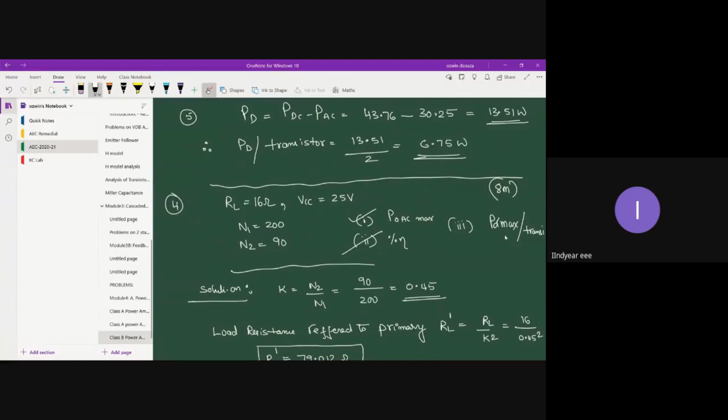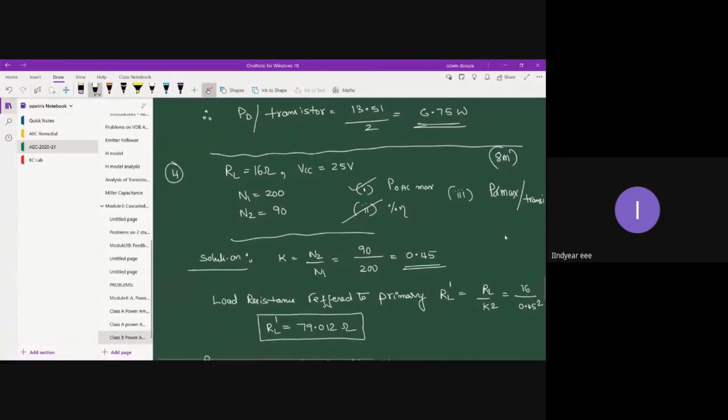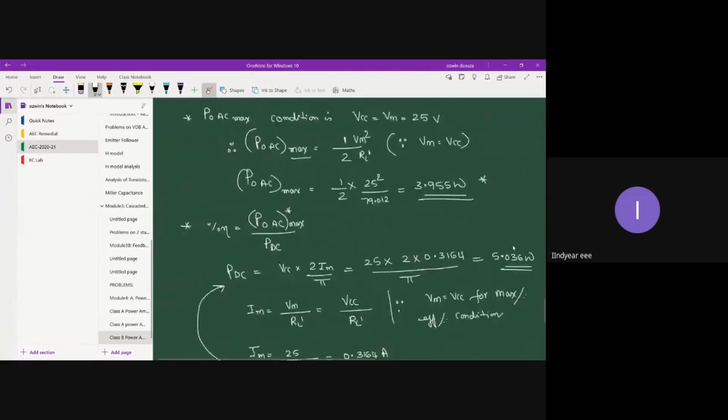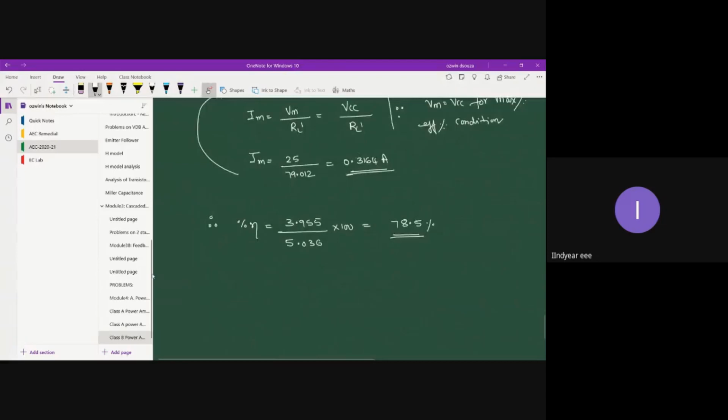And finally, you need to find out PD max, right? That is maximum power dissipation, with which you will be able to find power dissipation per transistor. Okay. So for PD max, we have Vm is equal to 2 by pi VCC.